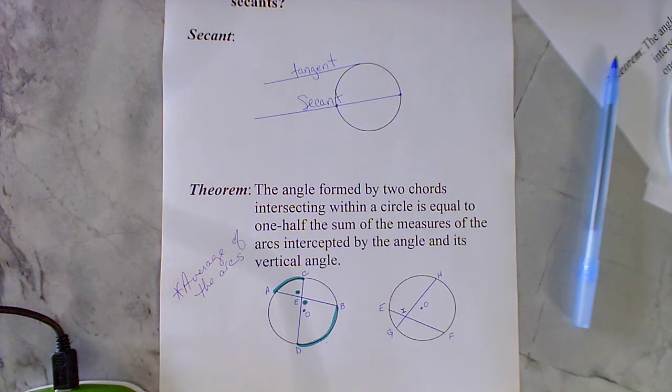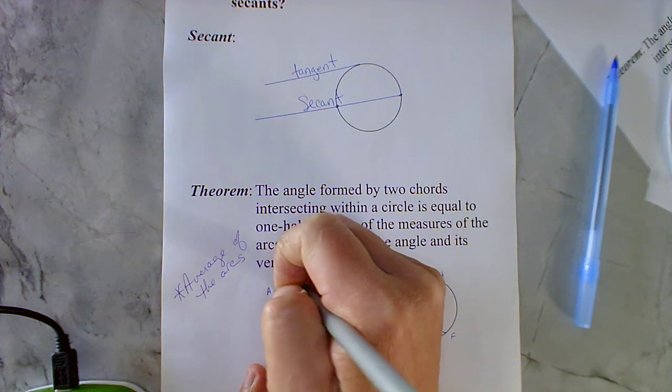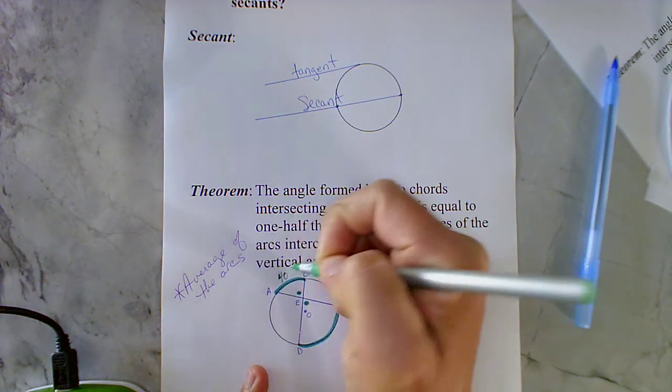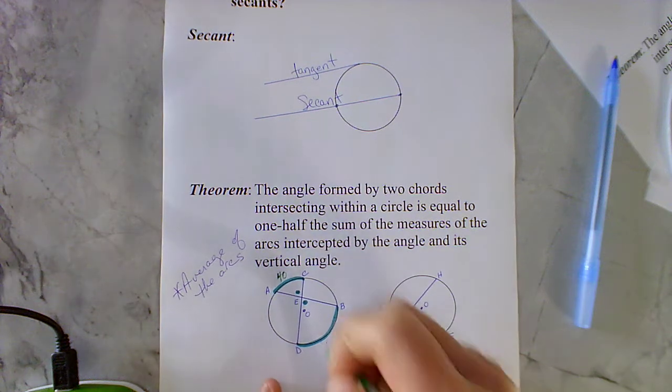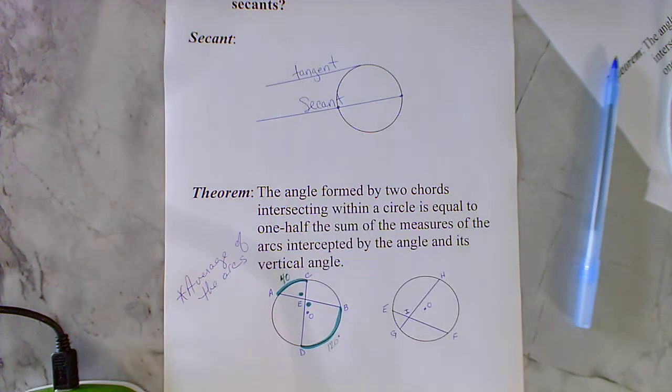Now, you're going to have to know what they are, of course. So in this case, I'm going to say that this arc up here is 40 degrees. And this arc down here, I'll tell you, is 120 degrees. Now, before we get into too much with that, I want to stay a little bit in the theoretical for a minute or two.